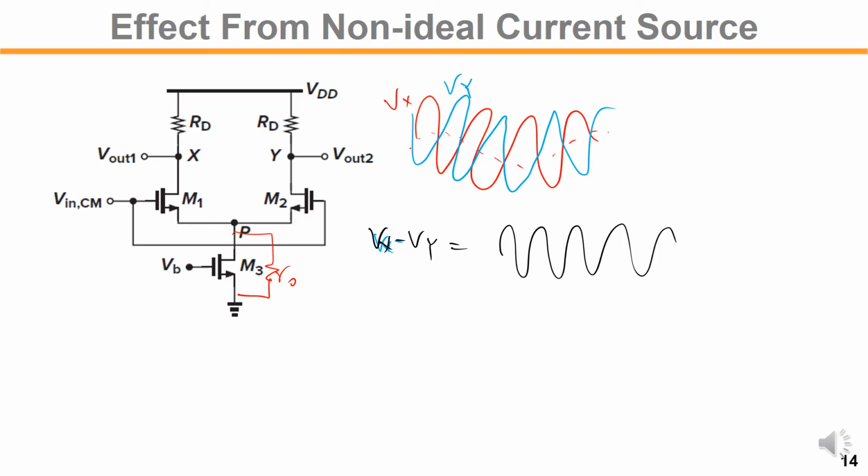What happens if we have a resistor mismatch? For example, RD is RD plus delta R. So if there's any mismatch between the load resistors there, then common mode variation will appear at the load.